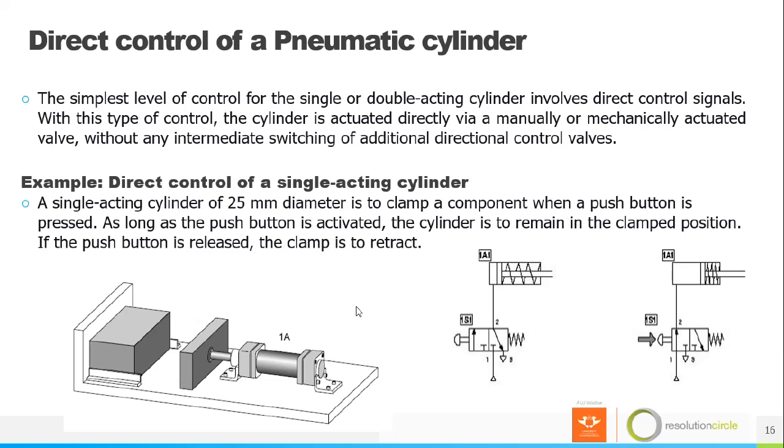It involves a direct control signal. With this type of control, the cylinder is actuated directly via a manually or mechanically actuated valve without any intermediate switch of additional directional control valves.